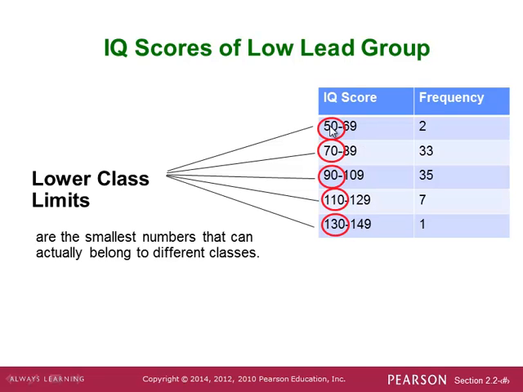And each class basically gives a range of numbers between 50 and 69, 70 and 89, 90 and 109. Now, understand that all of the numbers in your data set are integers, so we don't have to worry about, well, what if there's a fraction, what if there's a decimal? No, we don't worry about that because we're dealing only with integers.